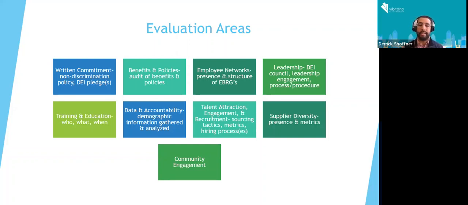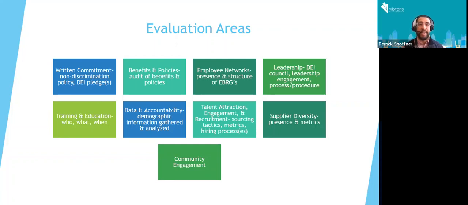Leadership assesses the presence of a diversity, equity, and inclusion council, whether that's formal or informal, leadership engagement within that process, and their stake and role, so to speak, within the driving and assessment of diversity, equity, and inclusion practices within your organization.